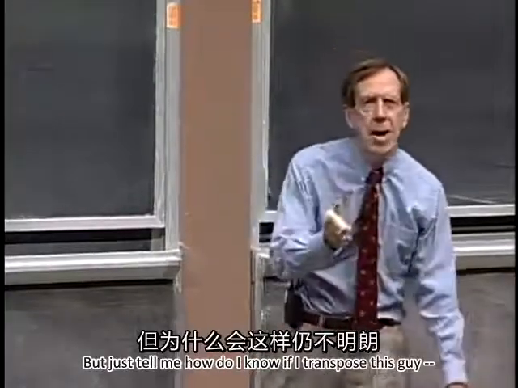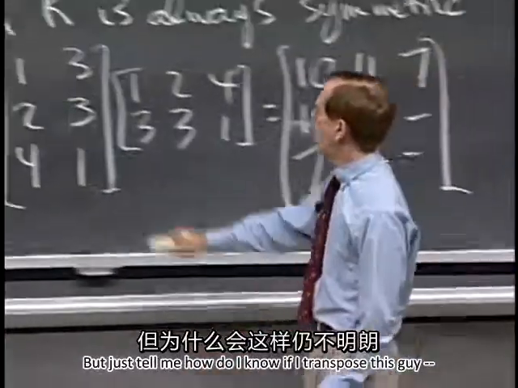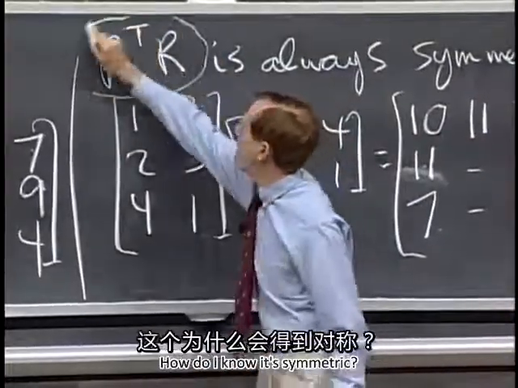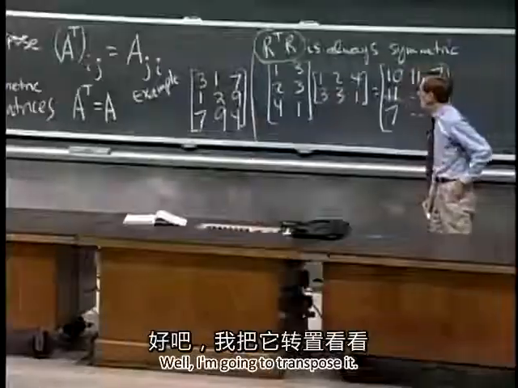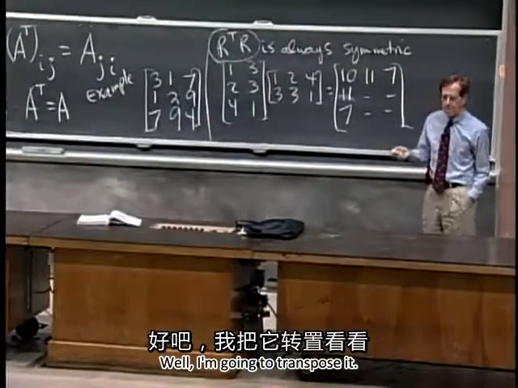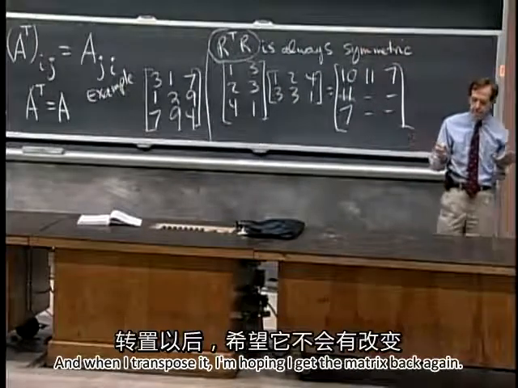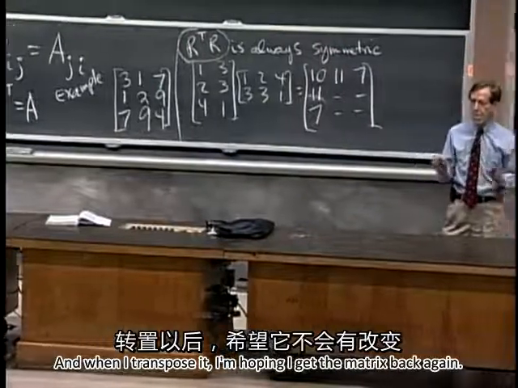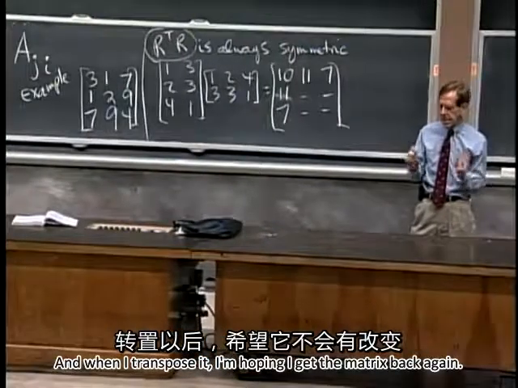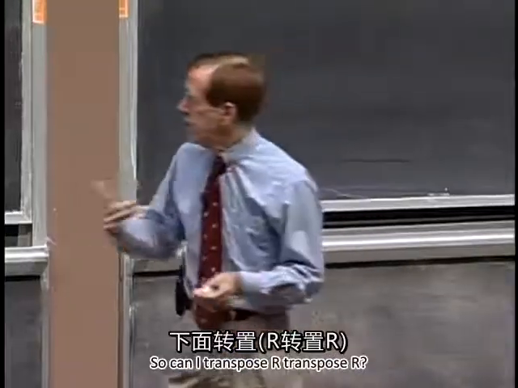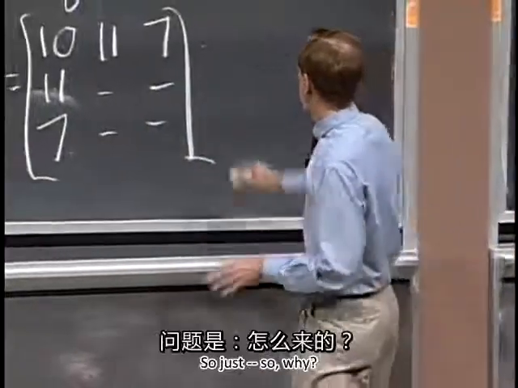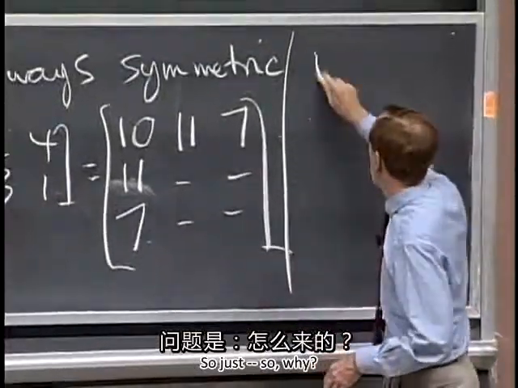But just tell me, if I transpose this guy, how do I know it's symmetric? Well, I'm going to transpose it, and when I transpose it, I'm hoping I get the matrix back again. So can I transpose R transpose R? Why?